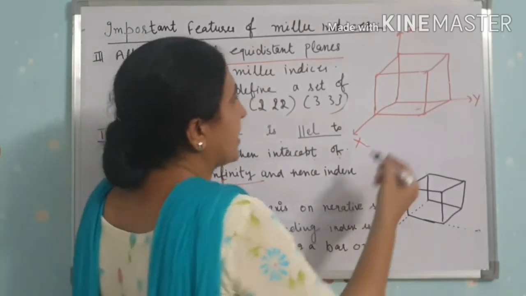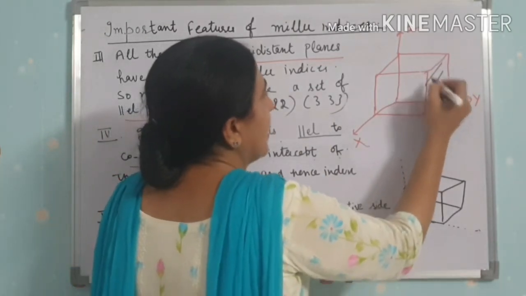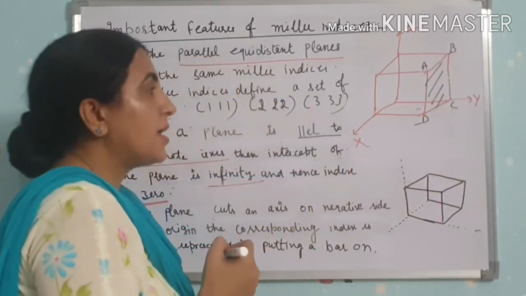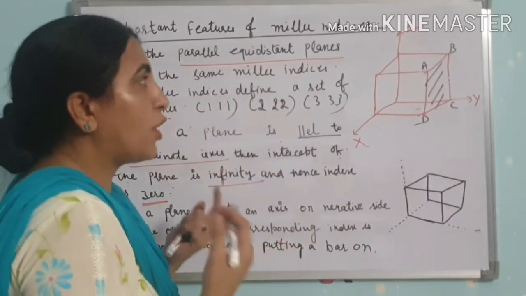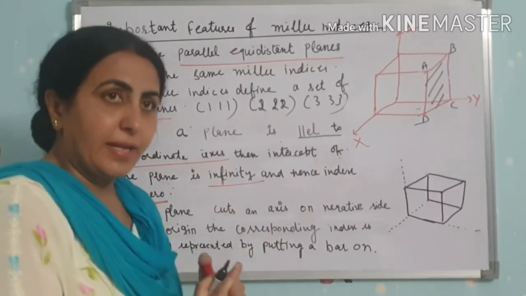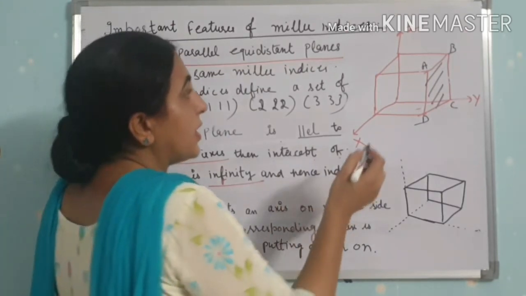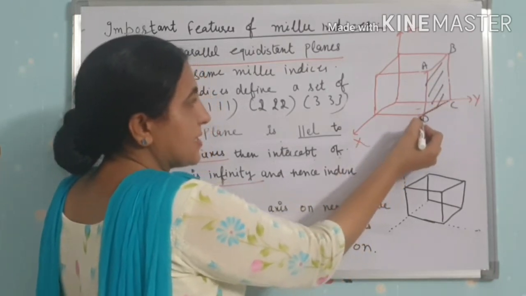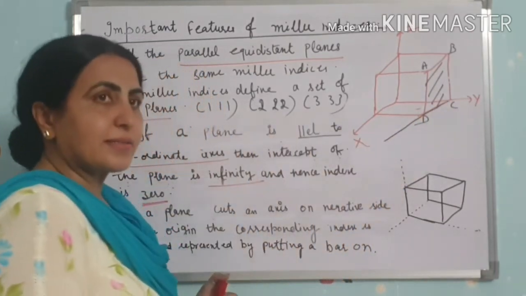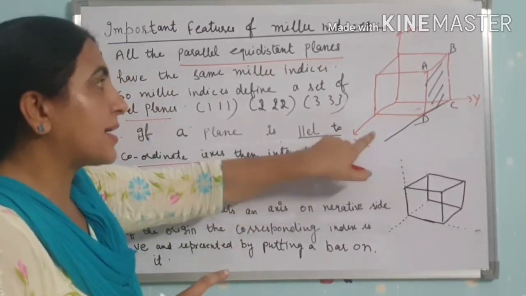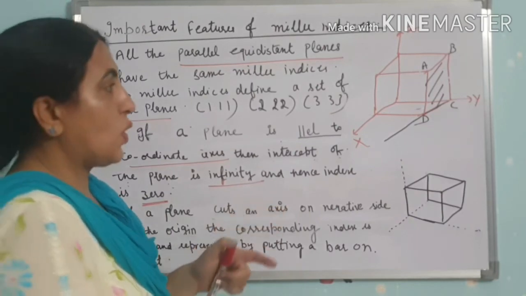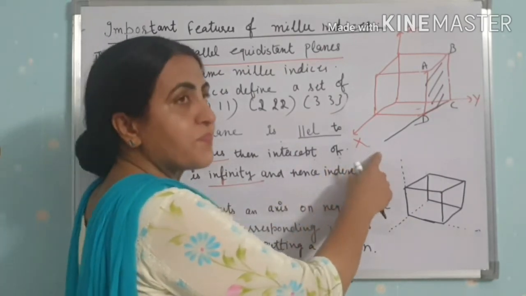If I am taking this plane A, B, C, D, clear, this plane. We want to find out the intercepts of this plane, clear? So on the x-axis, this plane is parallel to the x-axis, so it doesn't cut the x-axis at any point.